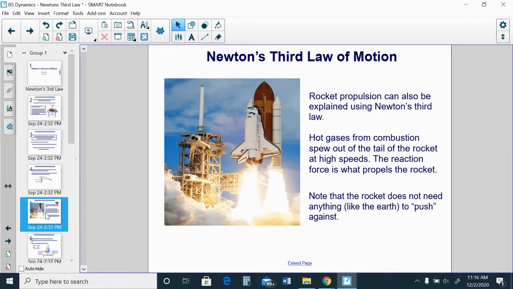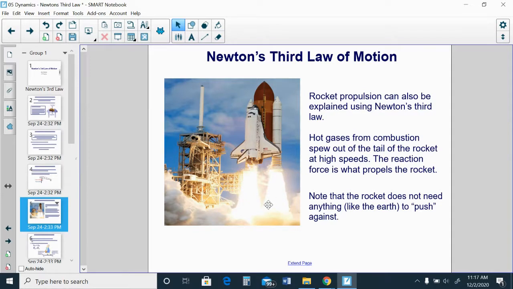Now, rocket propulsion can also be explained using Newton's third law. Hot gases from combustion spew out of the tail of the rocket at high speeds. The reaction force is what propels the rocket. So the action here is the force of the hot combustion gases on the gases of the atmosphere.